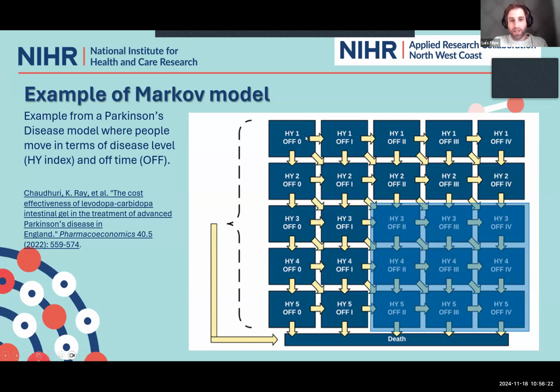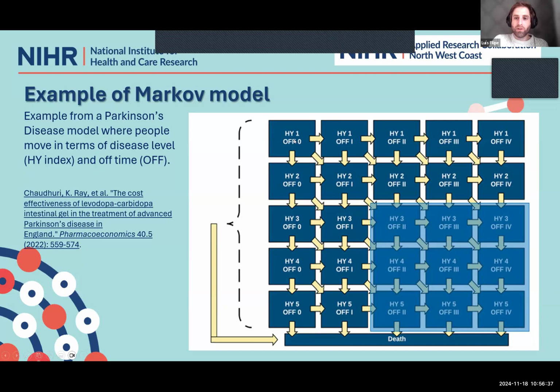Now, what they do is they use randomized controlled trials from other studies, where they basically see, for each state that they are in, what is the probability that with that treatment they move to another severity level, for example. So yeah, you really need to get them from randomized controlled trials.